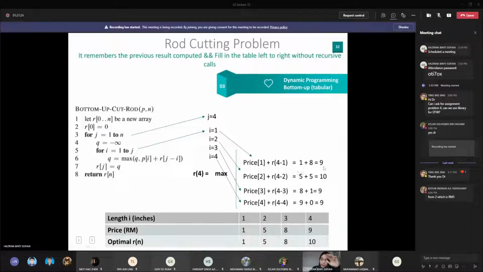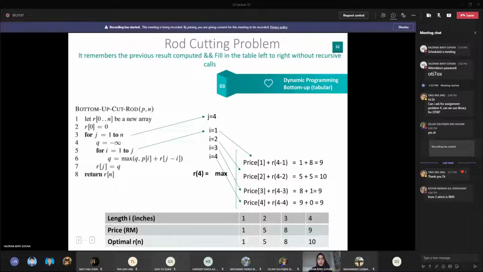Then we get the revenue for each scenario and pick the maximum, which is 10, and update into the table. So when j is 4, the best revenue comes from a first cut of 2 and a second cut of 2, where we will get 10 ringgit.